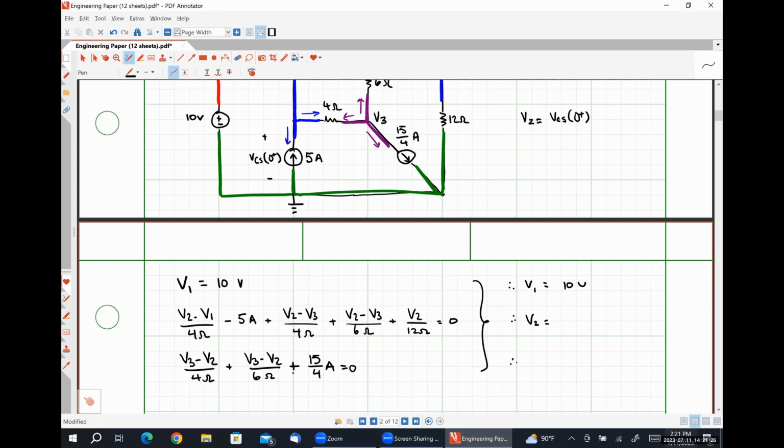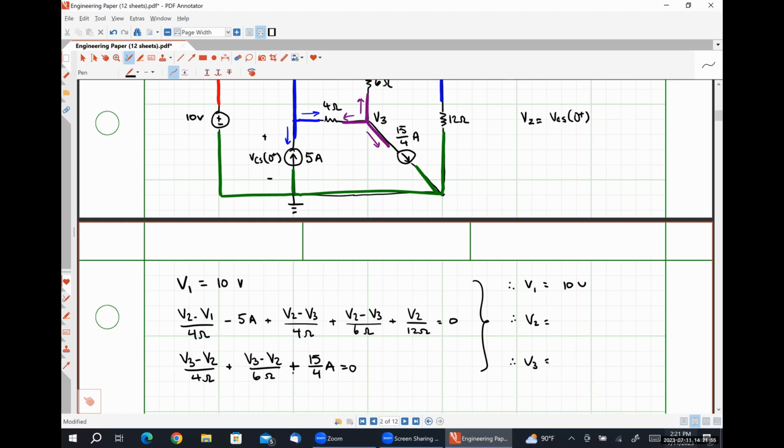V1, V2, and V3. So this is a 3 equation, 3 unknown system. In my first equation, my coefficient for V1 is 1, my coefficient for V2 is 0, my coefficient for V3 is 0, and my constant term is 10. In my second equation, my coefficient for V1 is -1/4.